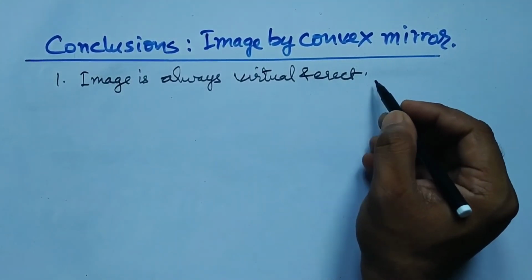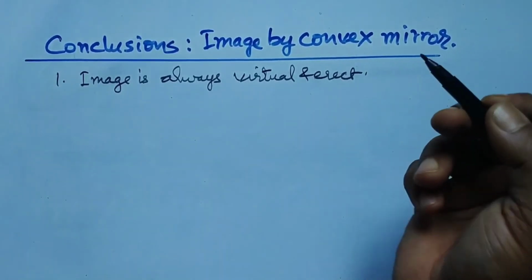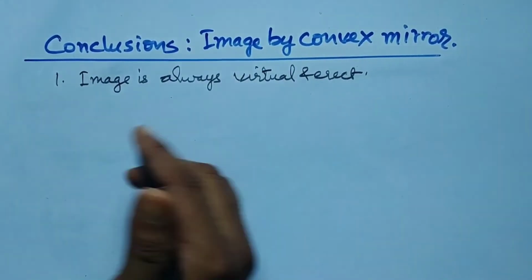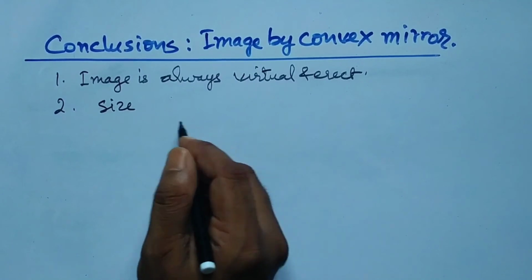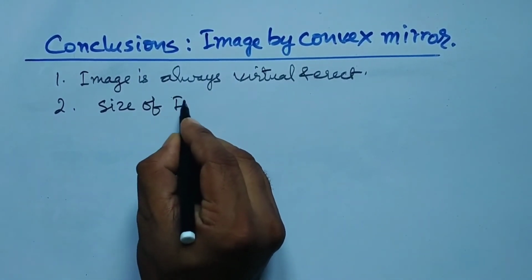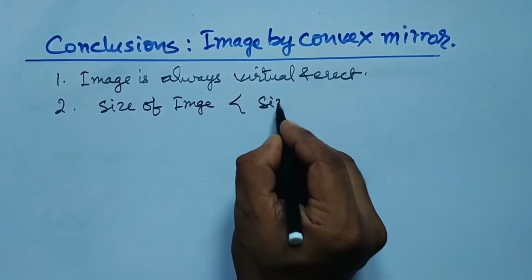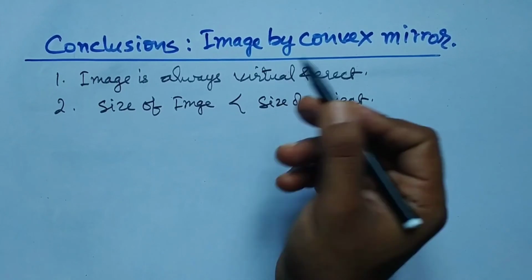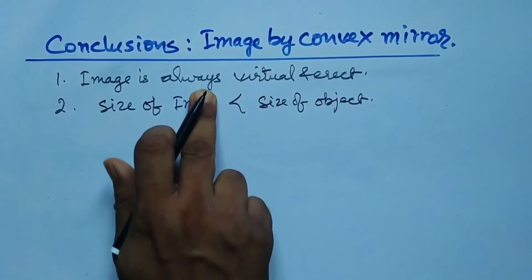Very important point. कॉन्केव मिरर में वर्चुअल और जो रियल इमेजेस हैं दोनों फॉर्म होती हैं, बट कॉन्वेक्स में केवल वर्चुअल इमेज फॉर्म होती है. सेकेंड पॉइंट इज दैट ऑलवेज साइज ऑफ इमेज इज फाउंड लेस देन दैट ऑफ द साइज ऑफ ऑब्जेक्ट. मतलब कॉन्वेक्स मिरर जो भी इमेजेस बनाएगा वो हमेशा it will be of smaller size.